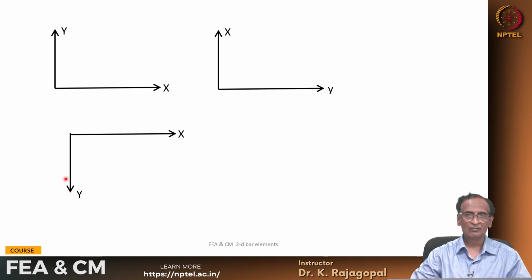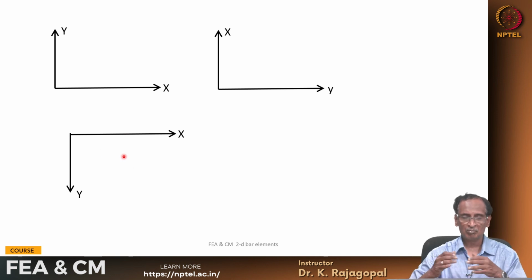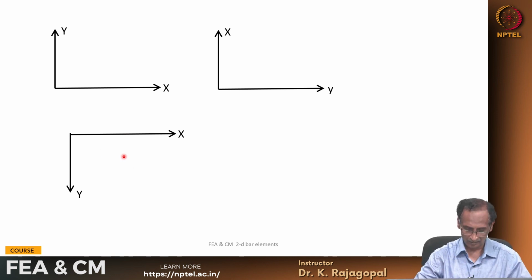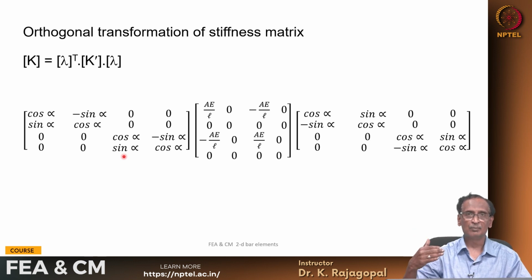Whatever you do, the solution will be the same. If you get 10 millimeter displacement in this coordinate system, you should get the same 10 millimeters here. It will not be any different. That is what we mean by the coordinate independent solution. But the sign may change, like if it is plus 10, maybe it will be minus 10 in some other coordinate system.